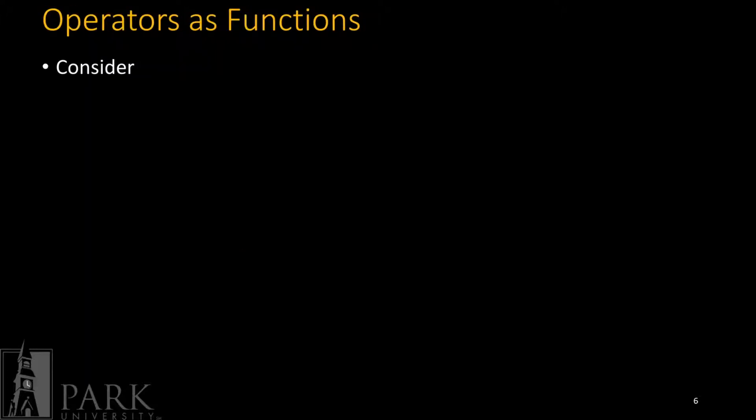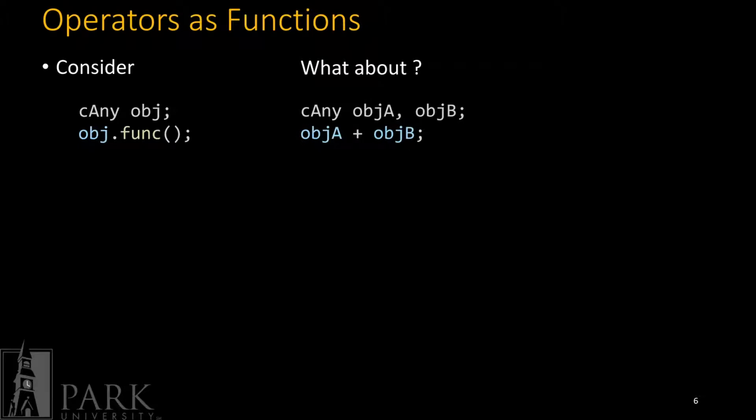So what does it mean when we say that C++ treats operators as functions? Well, as you know by now, this is how we call a member function on an object. But what does it mean if we try to add two objects together, like this? It doesn't really make much sense, does it? What does it mean when we add object A to object B?